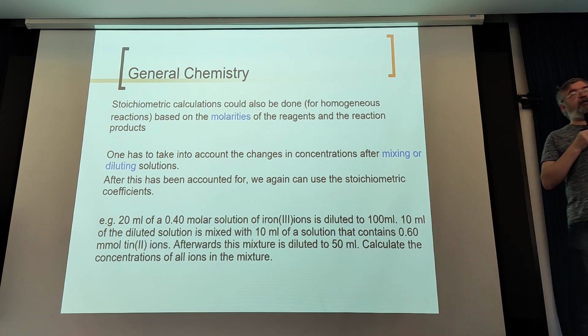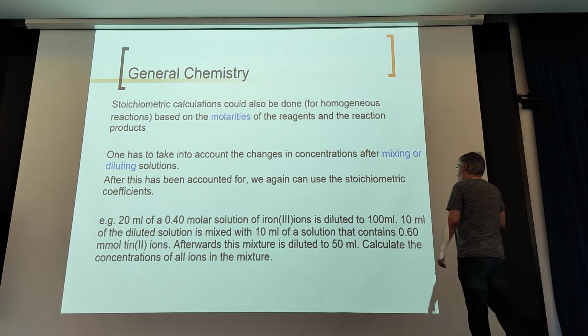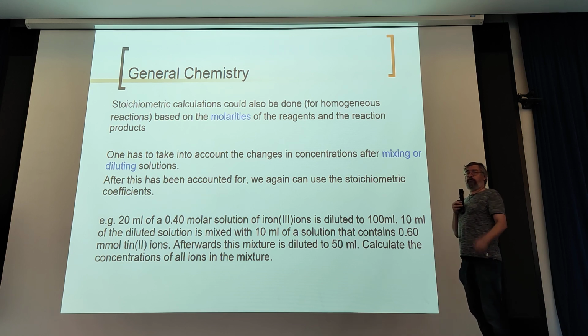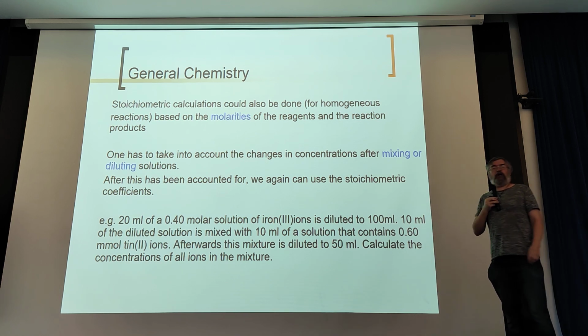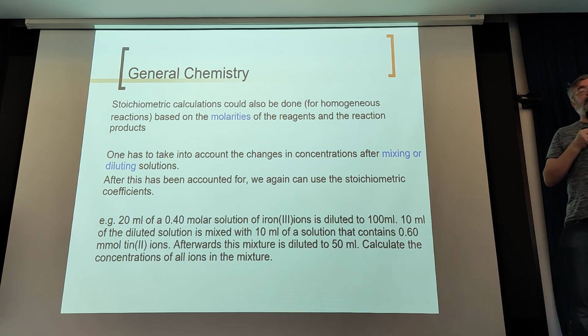Now, if you add 10 milliliter to 10 milliliter, of course, obviously you have 20 milliliter. We have to take into account this dilution again. So now it is asked, after again dilution, 20 milliliter to 50, what is the concentration of all the ions in the mixture?